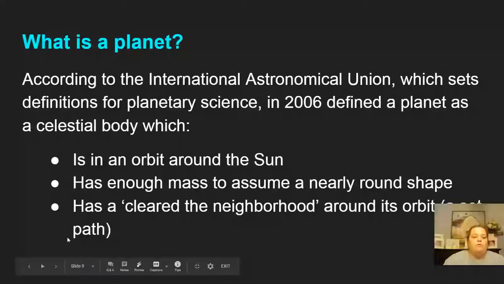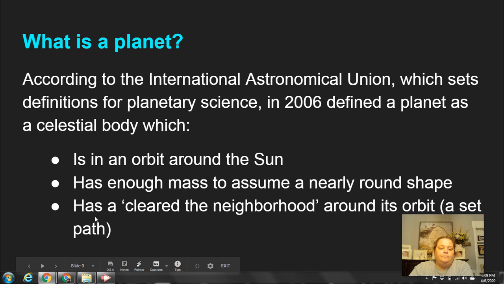And then number three, and this is the one that got Pluto kicked out, has cleared the neighborhood around the orbit. That means it has a set path. What happened with Pluto is that it actually would go into Neptune's path. So in 2006, it got declassified as a planet. So that's what a planet actually is.